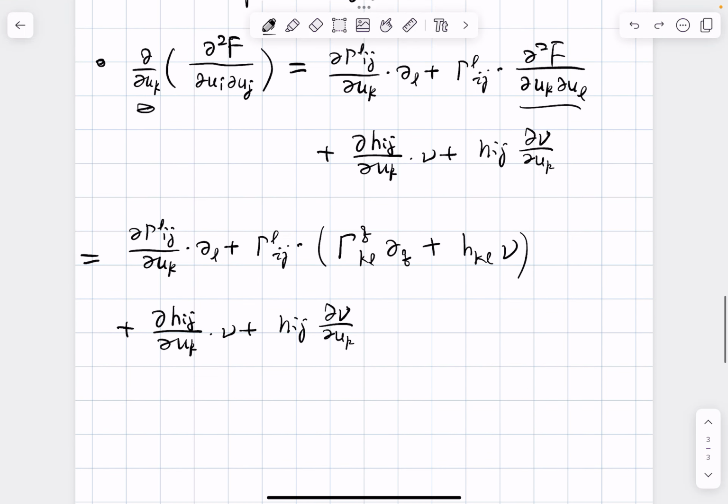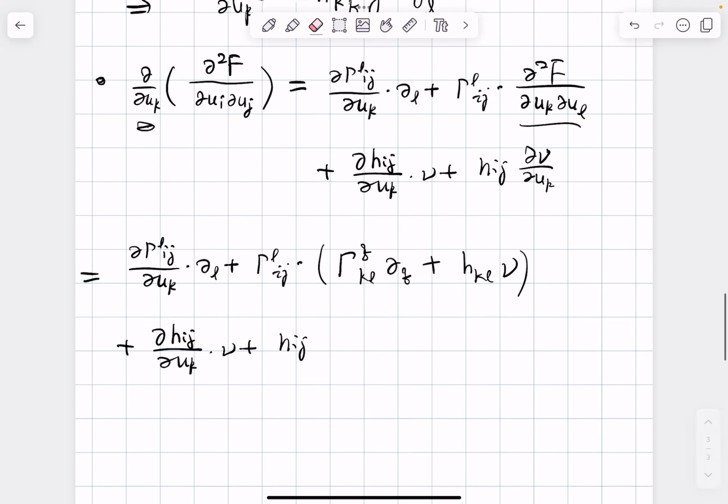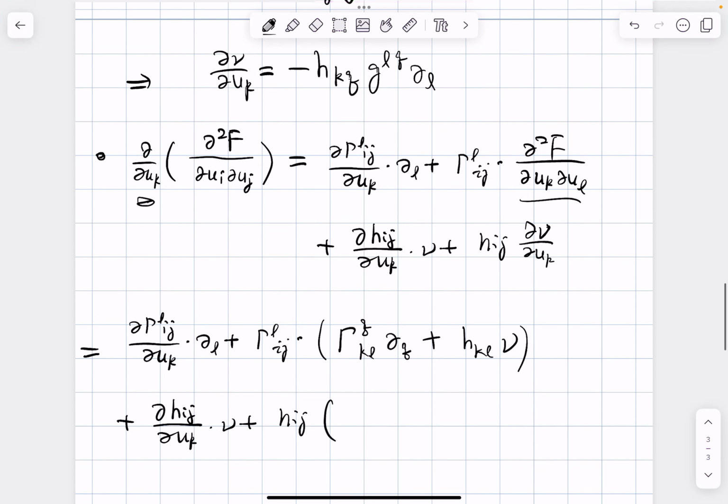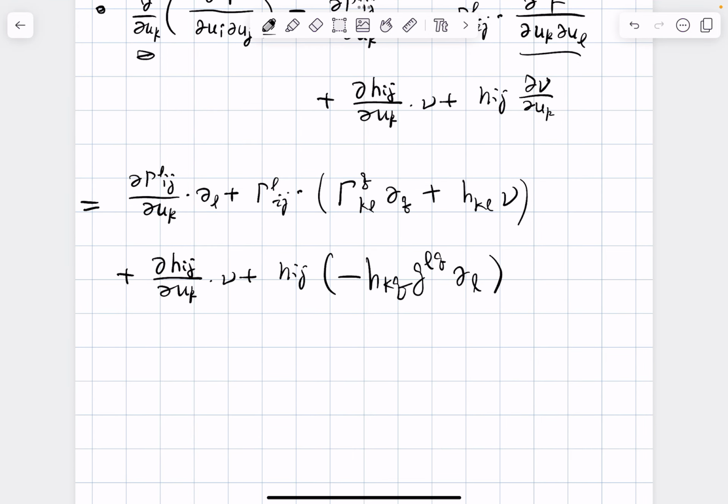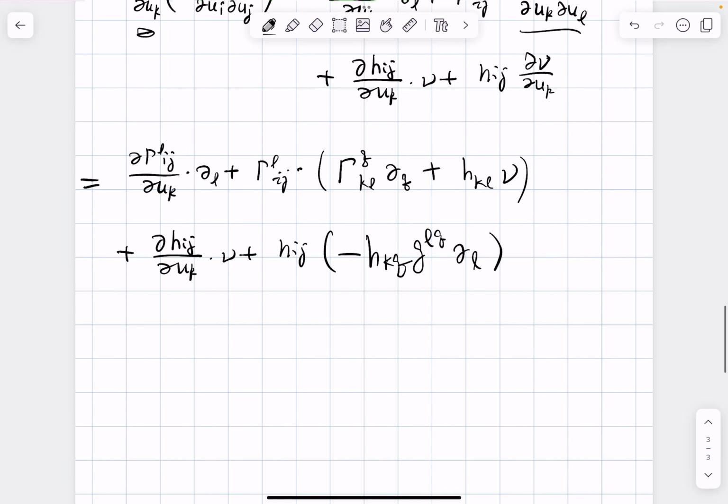And by the formula we just derived, this part is equal to minus h_kq g^lq partial_l. Great. Now we can combine everything together. Notice that we have partial_l, partial_q, partial_l. These are in the tangent space, and these are along the Gauss map.